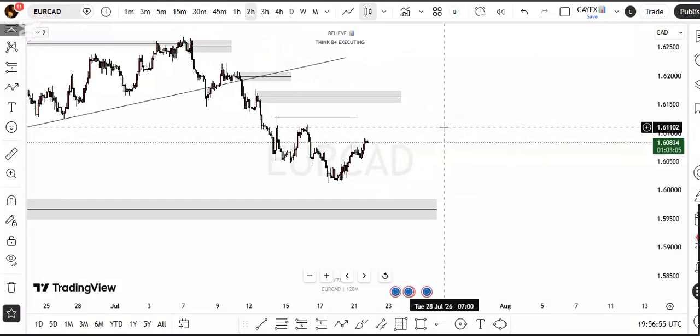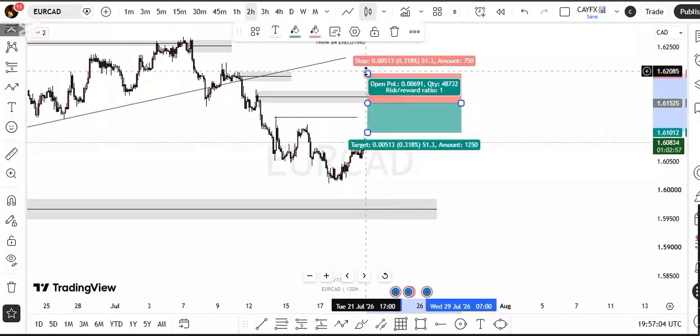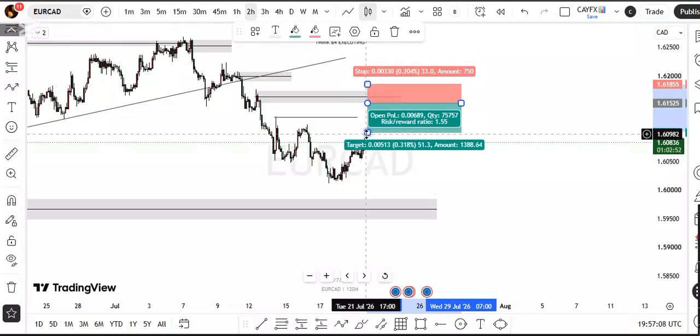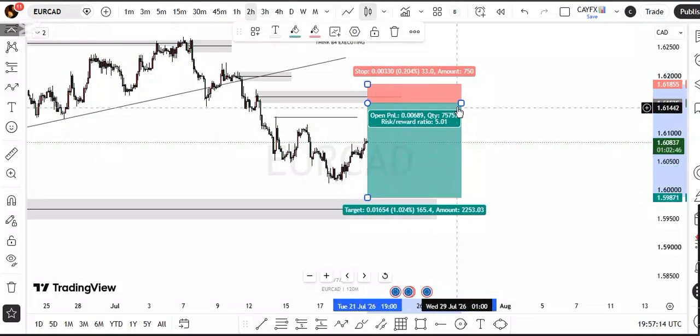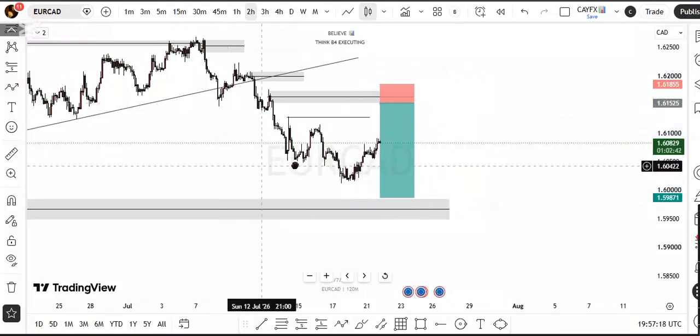So if I want to make any sell, this is where my entry is, but I'll have to wait for what? For confirmation. If I wait for confirmation, I go down to my lower time frame. I'll pick my entry from the lower time frame, from 15 minutes.